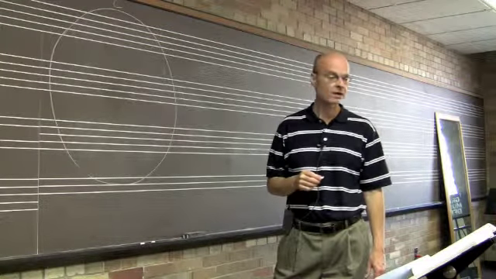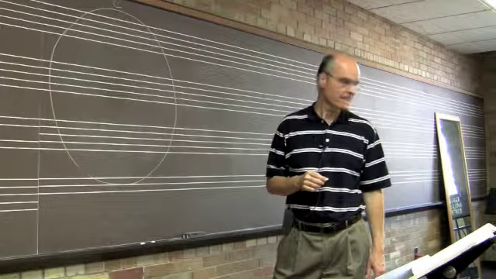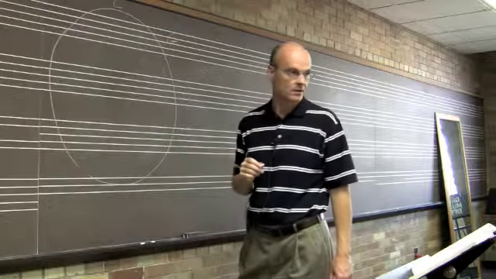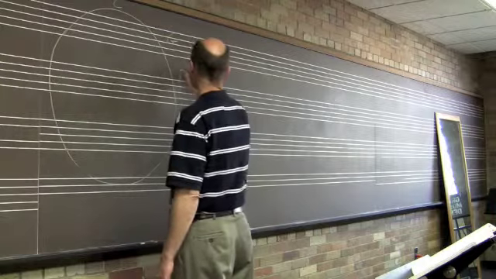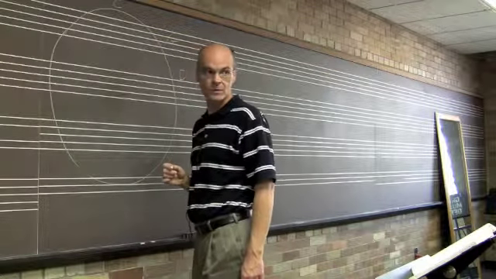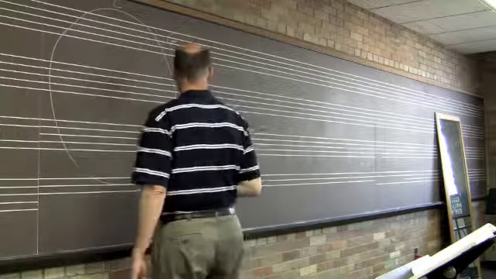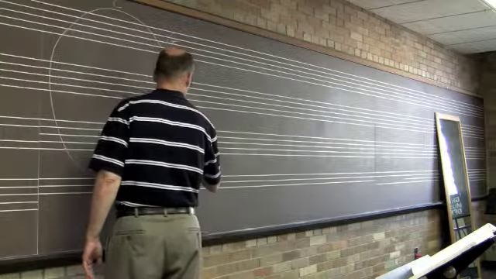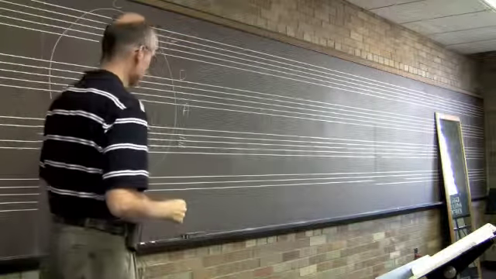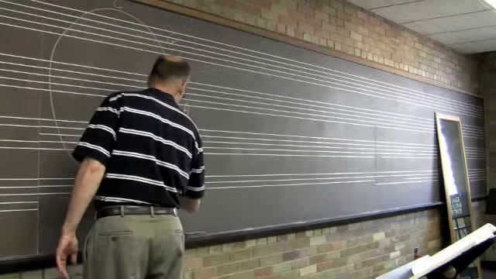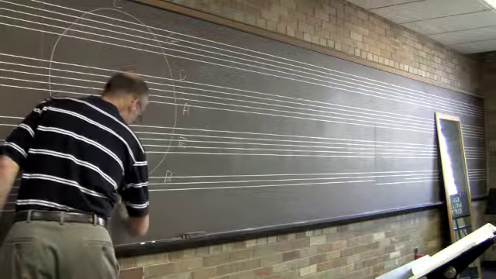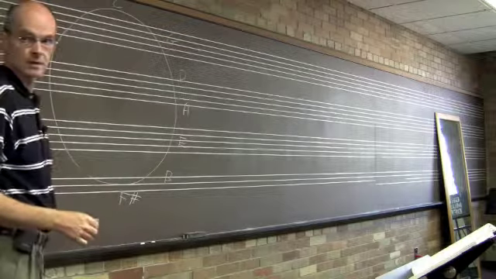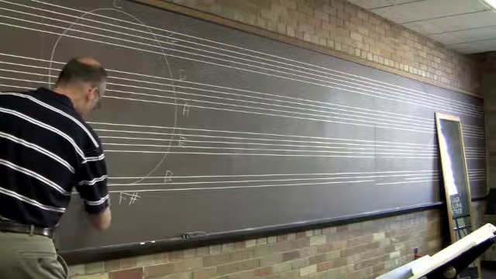C. On the outside of the circle, write C. 1 o'clock, G. 2 o'clock, D. 3 o'clock, A. 4 o'clock, E. 5 o'clock, B. 6 o'clock, F sharp. And 7 o'clock, C sharp.